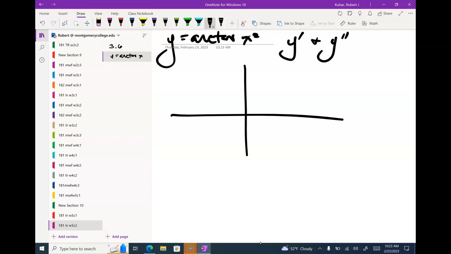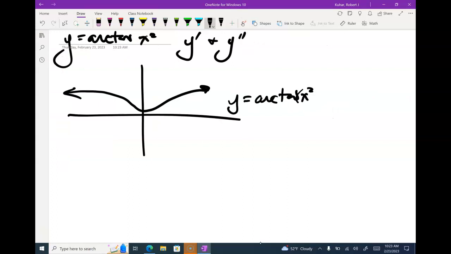So arctan of x squared is this guy. Remember, whenever you get a function that you don't recognize, you should graph it, right? Graph every function. You can kind of see where my first derivative will be 0. Do you agree?